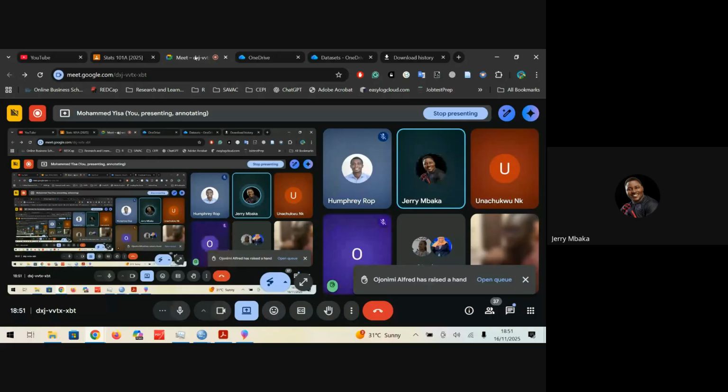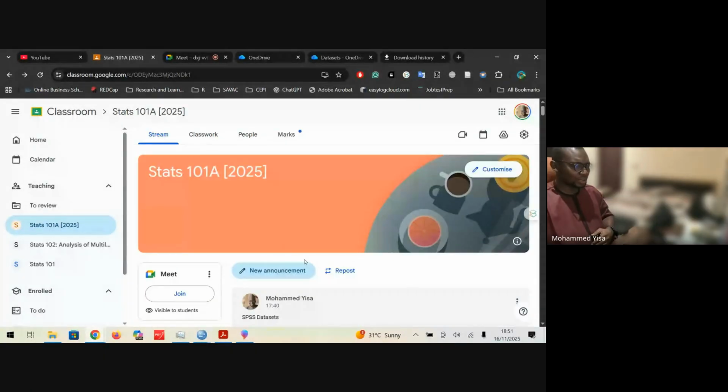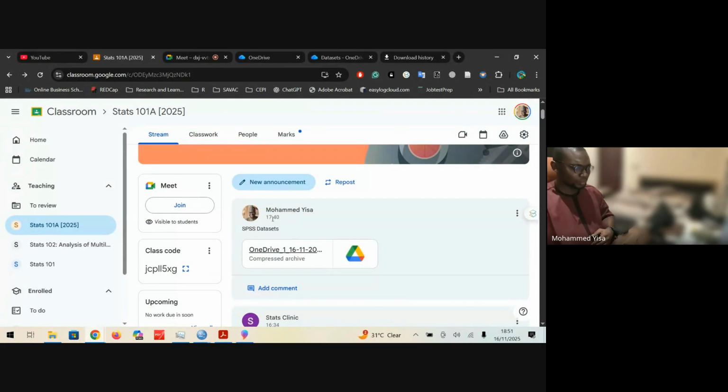Am I looking under data sets? No, it's just an announcement I made at 17:40. So under this tab stream, you see SPSS data sets, and you see the zipped folder.